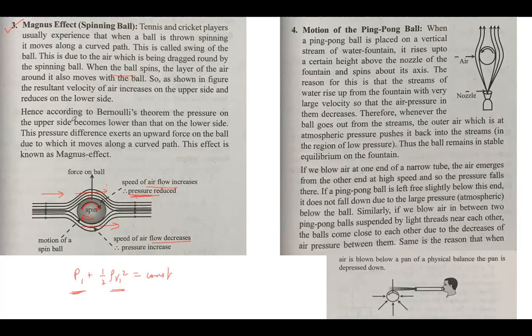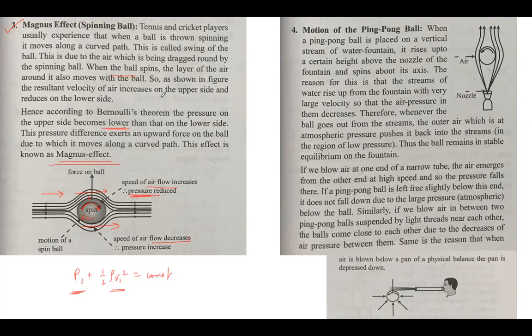According to Bernoulli's theorem, the pressure on the upper side becomes lower than that on the lower side. So this pressure difference exerts an upward force on the ball due to which it moves along a curved path. This effect is known as Magnus effect.